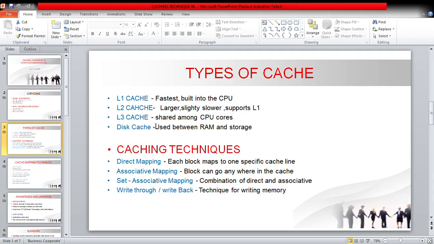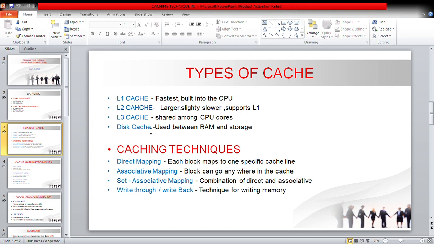The L3 cache is shared among CPU cores, and is the largest and the slowest of the CPU caches. It acts as a victim cache for L1 and L2 misses. Keep it in mind in case you come across it anywhere.